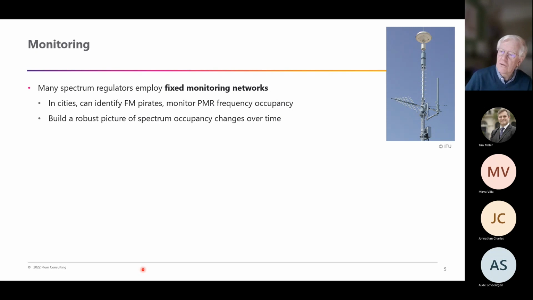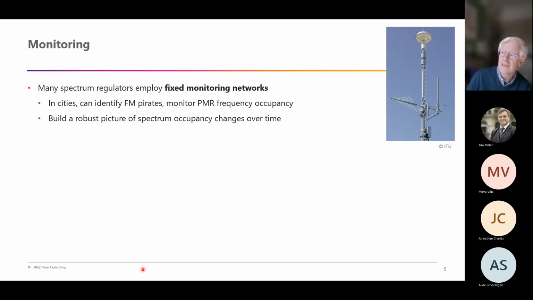Or you may use it to understand the congestion on things like business radio channels, private mobile radio channels in the VHF and UHF range. So you may need to revise your licensing procedures if those channels are being overused. And fixed nodes like this can help you build up a robust picture of how spectrum occupancy is changing over time.